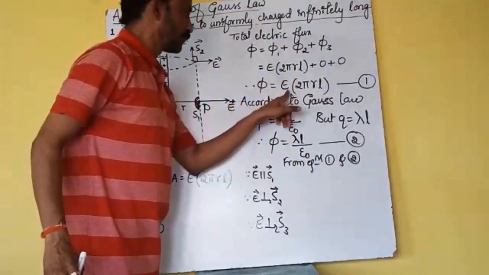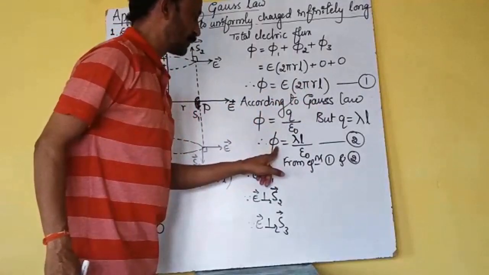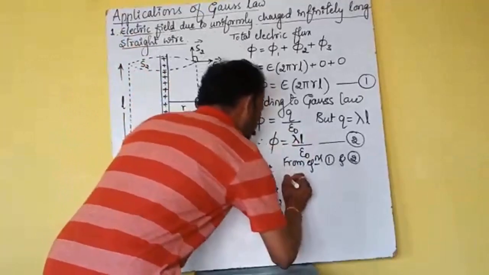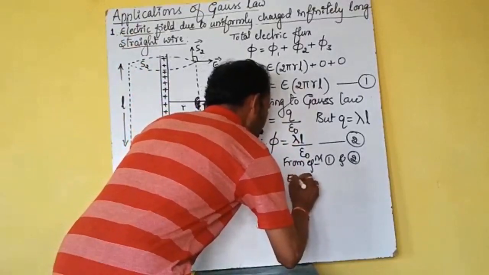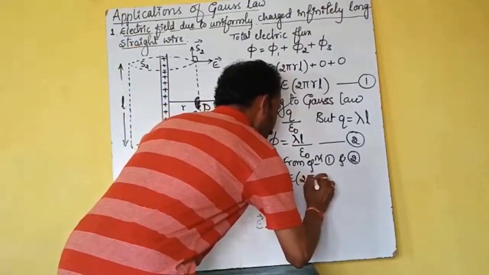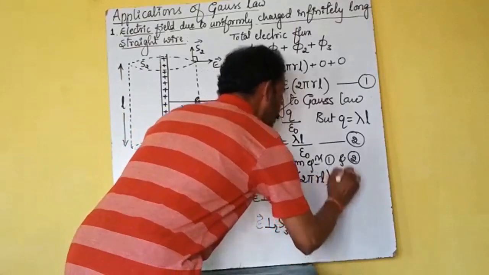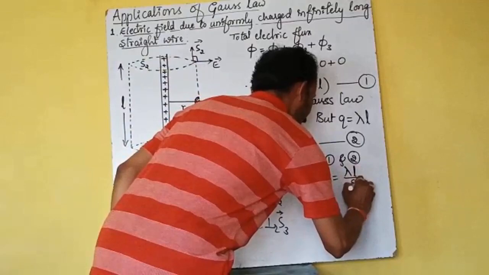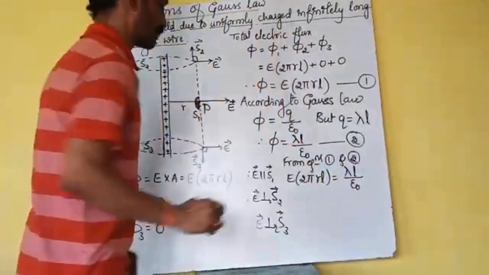Here phi is equal to E into 2 pi r L. In equation 2, phi is equal to lambda L by epsilon naught. Therefore, E into 2 pi r L is equal to lambda L divided by epsilon naught. Here L cancels.